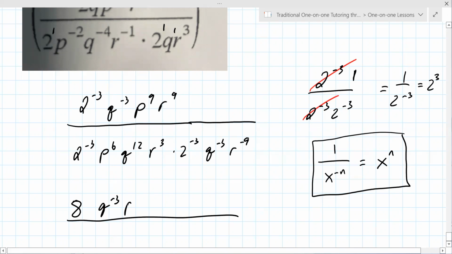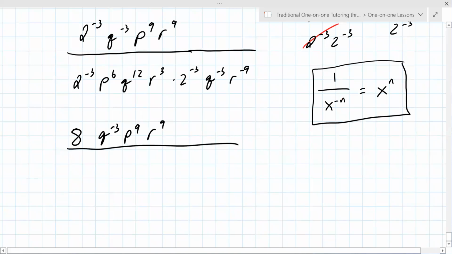Q to the minus 3, P to the 9, R to the 9, and then we'll just order these on the bottom here. Let's go Q to the minus 3. So I'm getting rid of that one. P to the 6th. Sorry, I misordered these. There is a Q to the 12th there. P to the 6th. And then R to the 3, R to the minus 9.